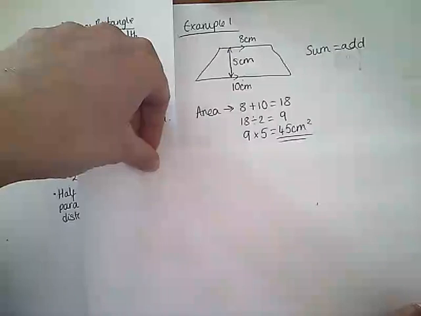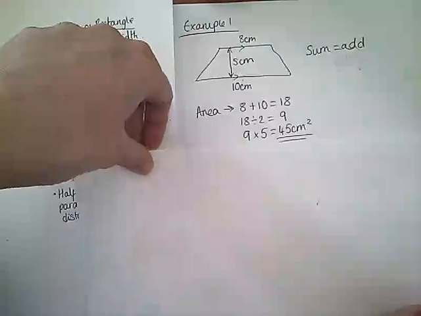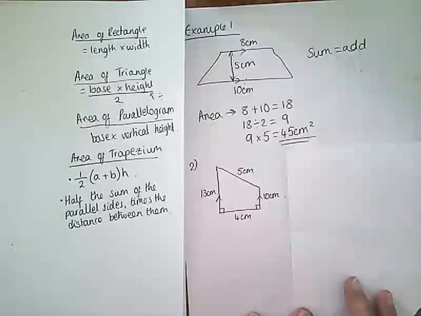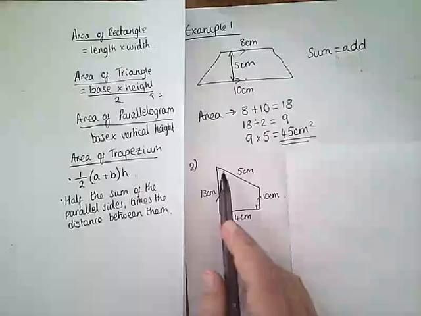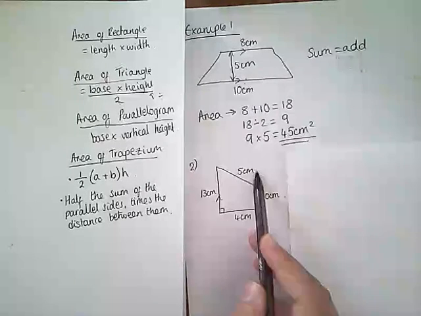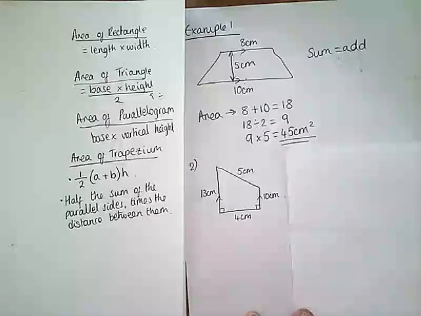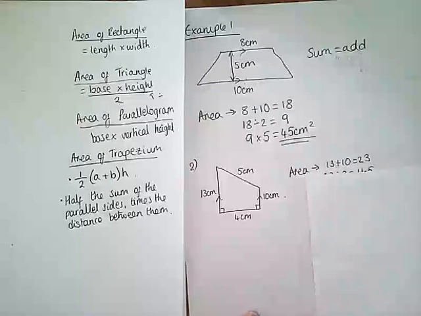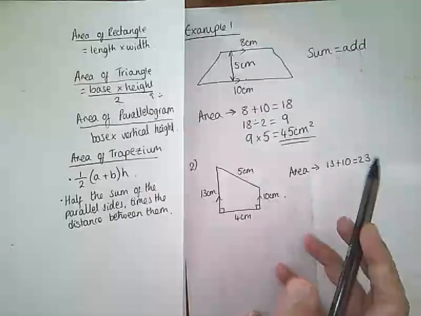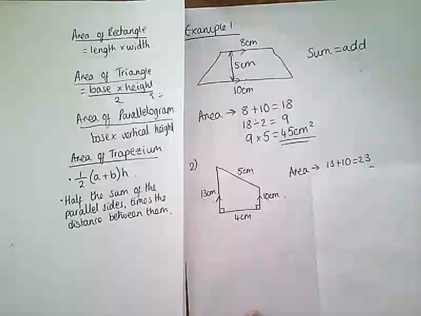Similarly, if we had a trapezium that looks like this, to find the area of that trapezium, we have been given the slanty height as well as the vertical height. That means you can ignore the slanty height. So we are going to add our parallel sides. 10 plus 13, sorry, 13 plus 10 makes 23. Those are our parallel sides. We are going to half it.